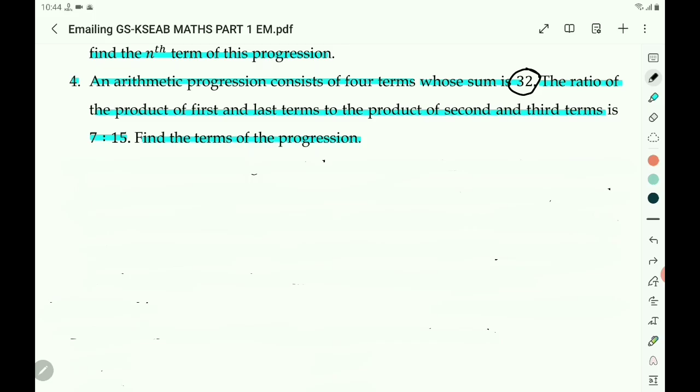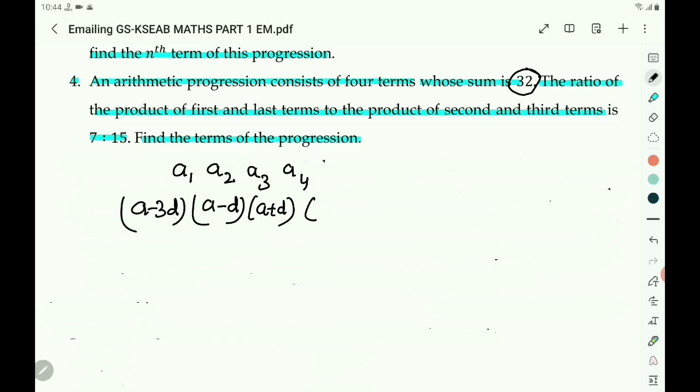Now let us take the 4 terms a1, a2, a3, a4 this way. Let us take the middle terms as a minus d and a plus d. And the first term is a minus 3d and the fourth term is a plus 3d. Here the difference is 2d. Why you have to take this?